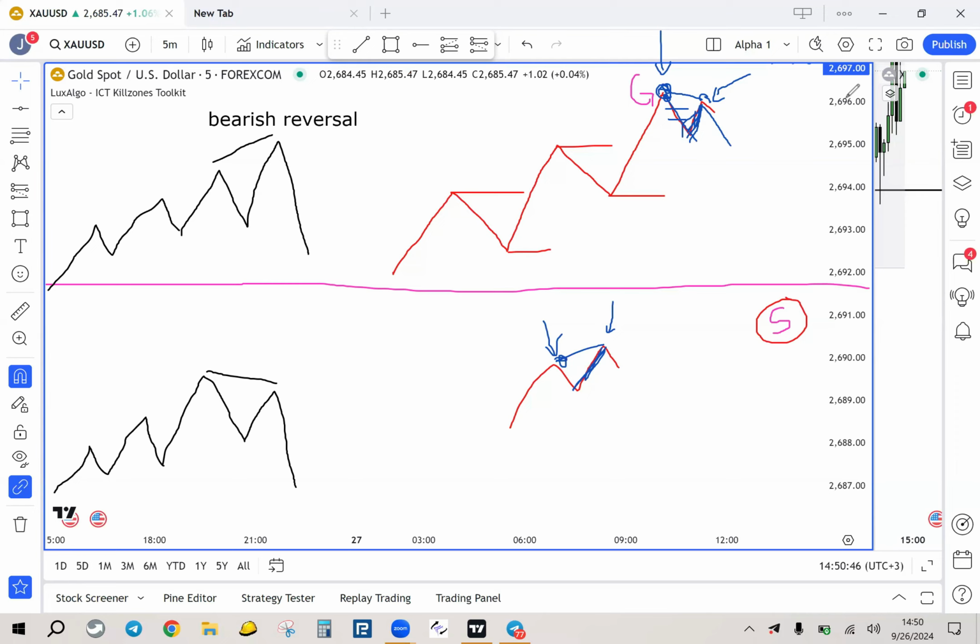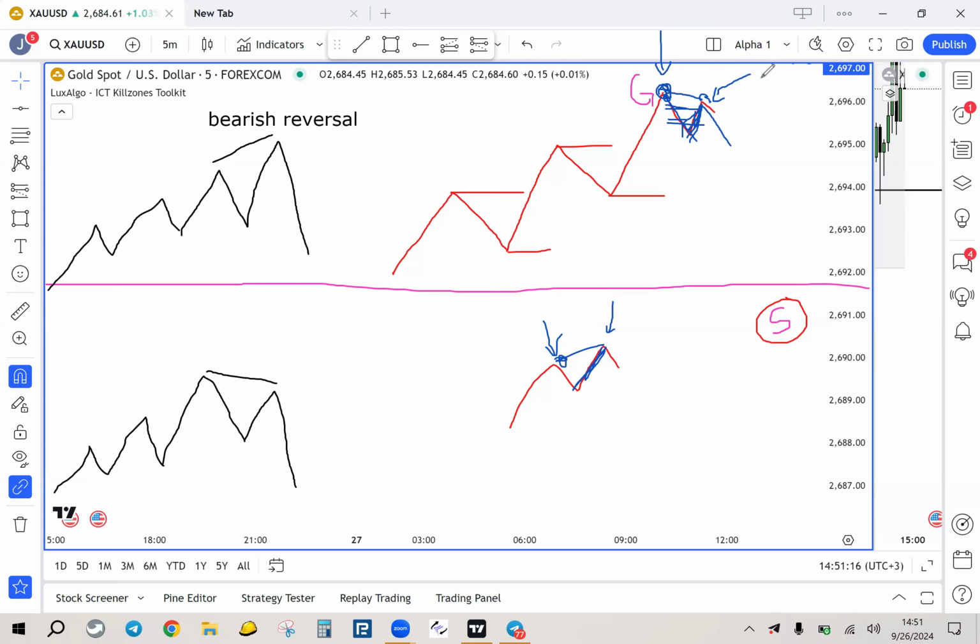Okay, so now the first thing that you had was the fair value gap. And in order for you to consider the fair value gap to be valid, think about it like this. It's unusual for a bearish fair value gap to appear in a bullish market. Why? Because fair value gaps are imbalances. It is likely for a bullish market to create bullish imbalances, because that's why it's a bullish market, okay?